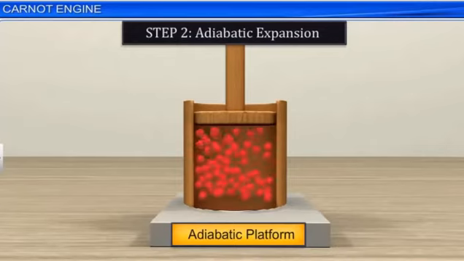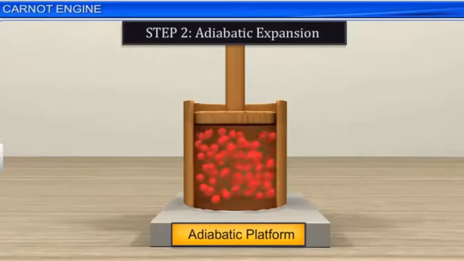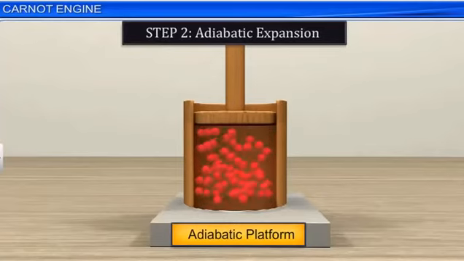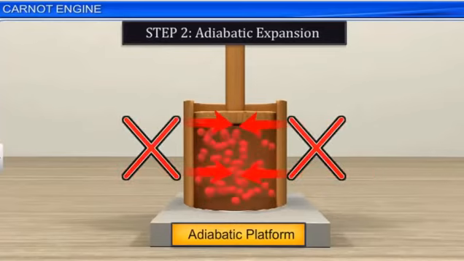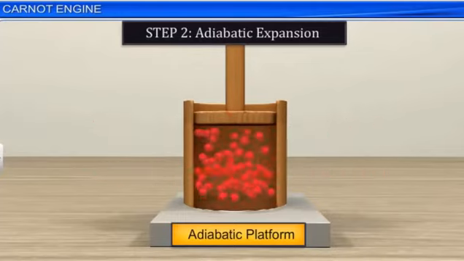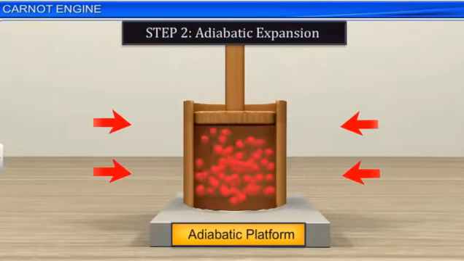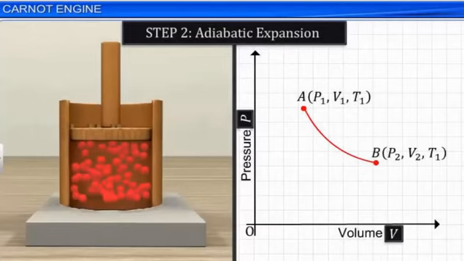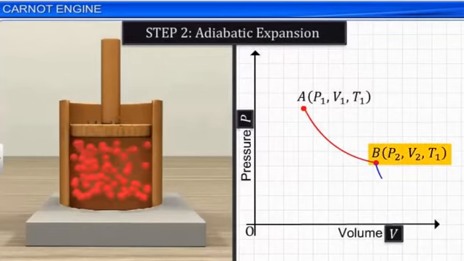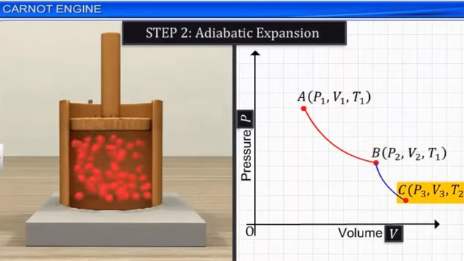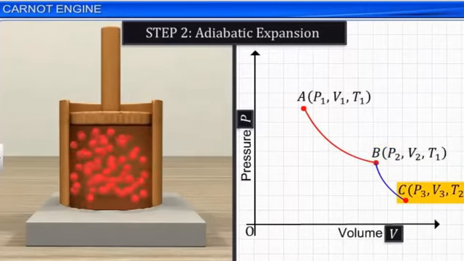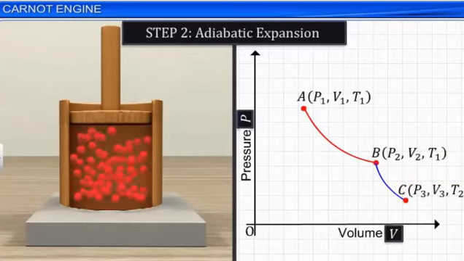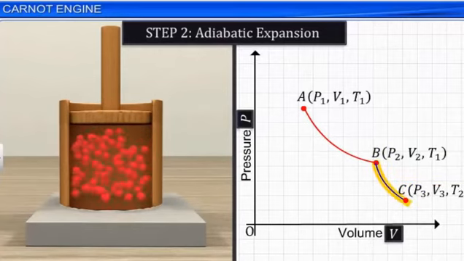Since the gas is surrounded by adiabatic material, there can be no exchange of heat between the system and its surroundings, and hence the expansion is an adiabatic expansion. Let us assume that this adiabatic expansion has taken the system from B (P2, V2, T1) to C (P3, V3, T2), and that this is represented by the BC curve in the PV diagram.